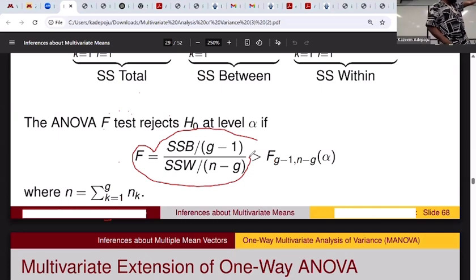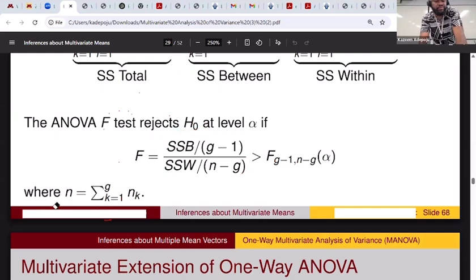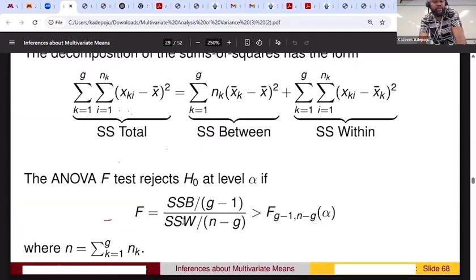When you take a look at the formula, the SSB is the sum of square between, which is the explained variation. Then SSW is the sum of square within, the unexplained variation. Then G minus 1 is the degree of freedom for group, and N minus G will be the degree of freedom for error.